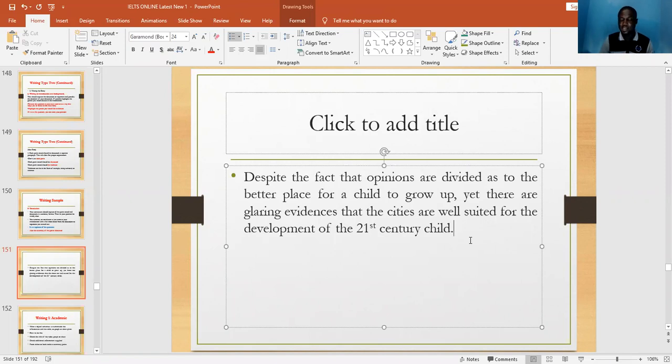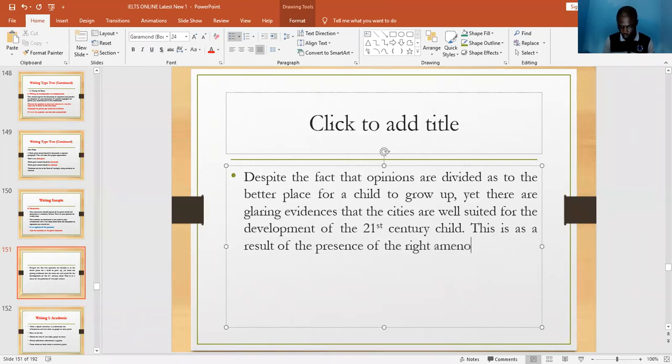Okay, so the second task is now to summarize the points that I want to use to justify that the cities are the best place for a child's development. I'm trying to see if this sentence is okay.